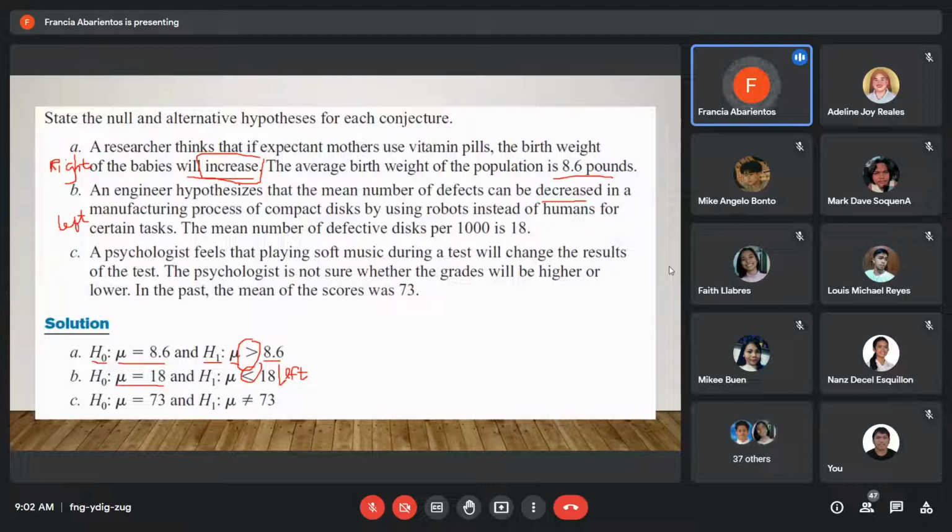So in the past, the mean score was 73. So take note, the hypothesis is equal to 73, and the test that falls under this is a two-tailed test because of the phrases you can see, higher or lower.